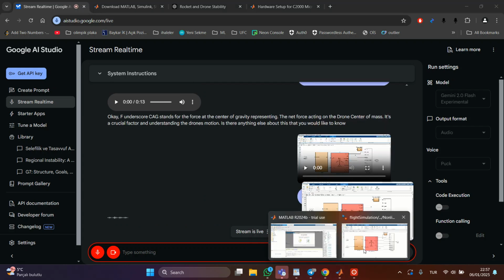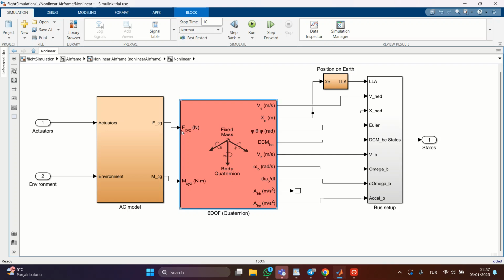M underscore CG represents the moment or torque at the center of gravity. The F underscore XYZ input indeed relates to the force vector in 3 dimensions. The N next to F underscore XYZ represents newtons, which is the unit of force, and the NM next to M underscore XYZ means Newton meters, which is the unit for torque. Does that help clear things up? Yeah, it definitely does. So we have, what's the body quaternion? What's that?